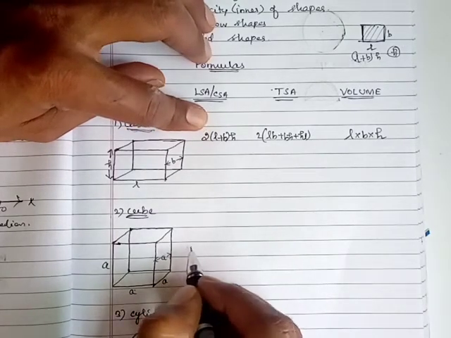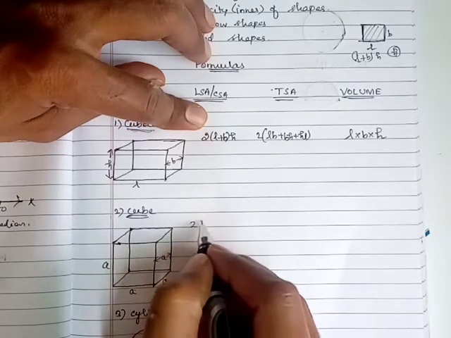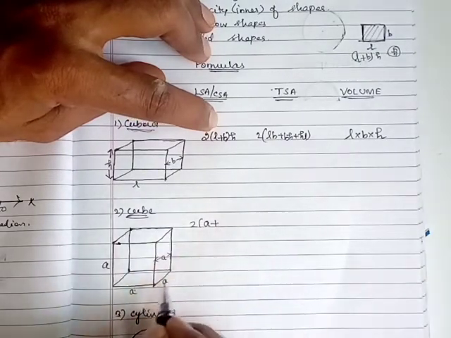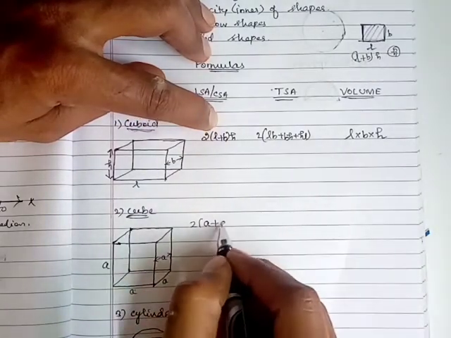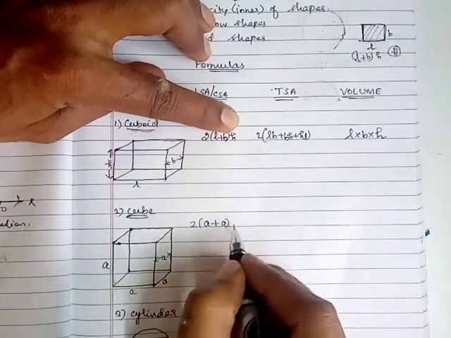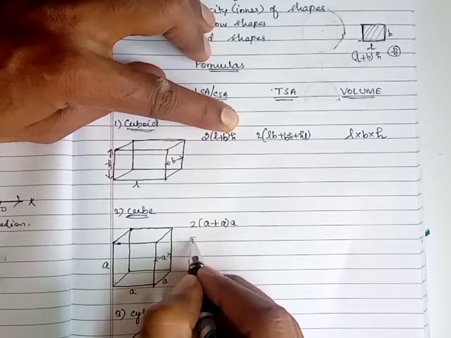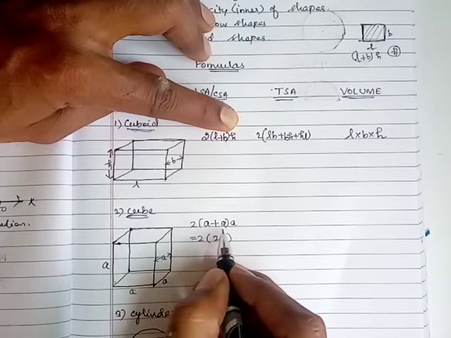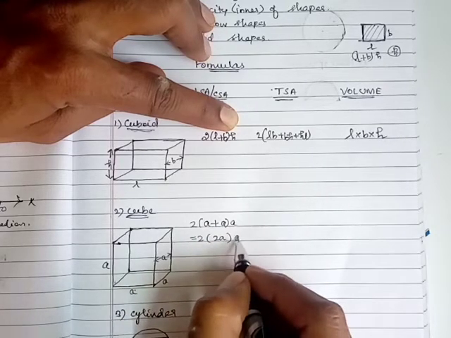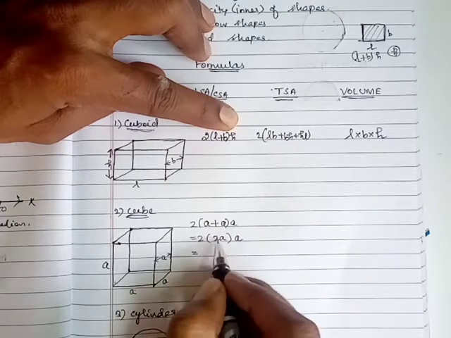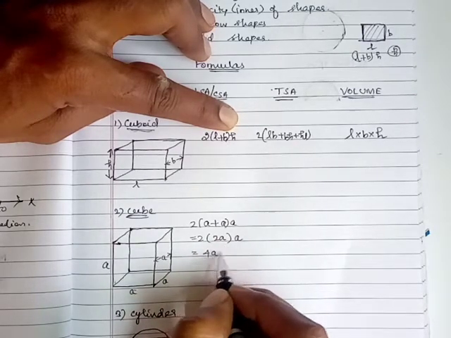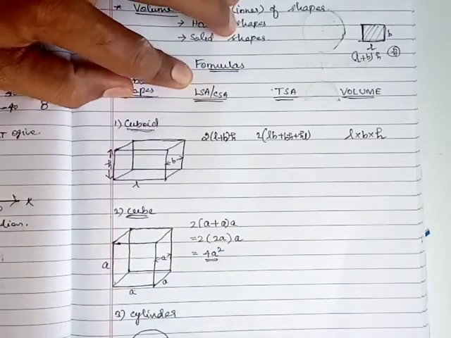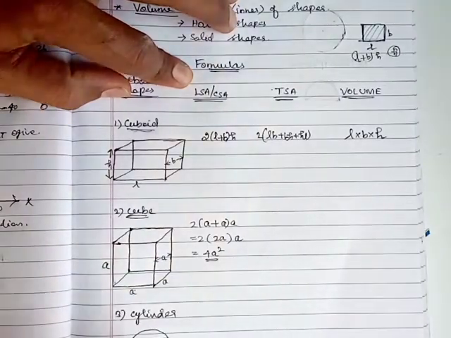So 2 into (length is a, plus breadth is also a) into height, also a. So this is 2 into 2a, not a squared. a into a is a squared, a plus a is 2a. So into a, this is 2 into 2, 4, a squared. So the formula for finding the lateral surface area of a cube is 4a squared, right?